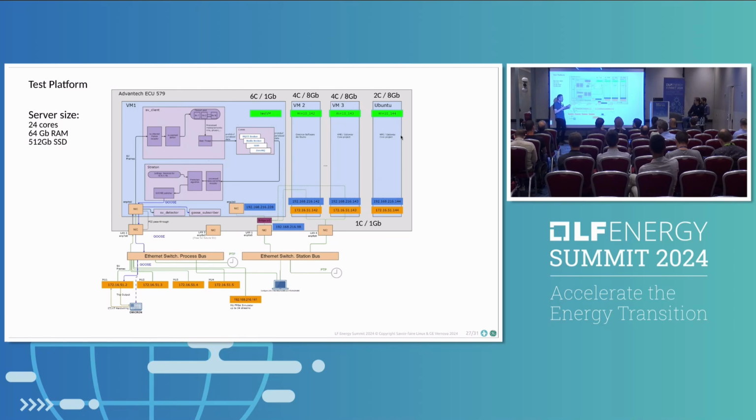So the main idea here is how we move from something that was very hardware dependent to something completely new, in the sense that we are creating a virtual machine, a hypervisor with real-time capabilities to guarantee the real-time requirements that we need in our domain, in our business.